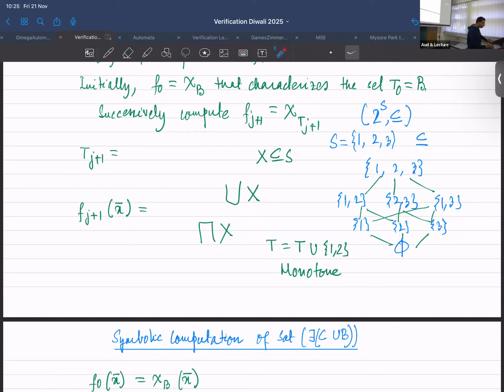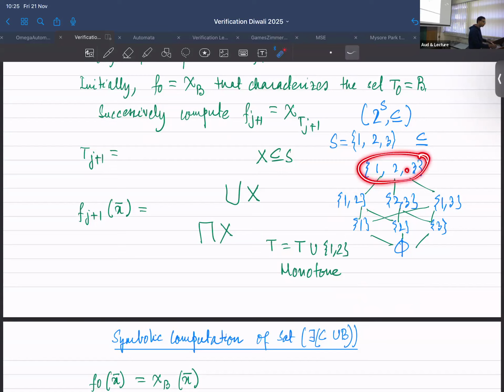Now if I start from the bottom element and apply this, empty set union {1, 2}, I reach here. So this is a least fixed point, because I start from the bottom element and reach here. If I start from the top element, {1, 2, 3} union {1, 2}, I stay here.